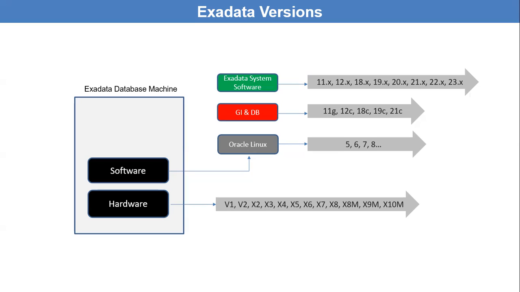Every now and then there is a new version of Exadata released by Oracle. Oracle says today we released an Exadata X6 version. Next year they say we released an Exadata X7 version. So most of the time, Exadata versions refer to the hardware version.